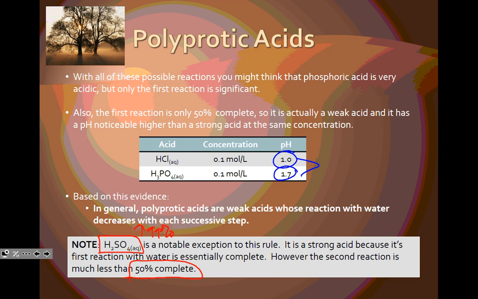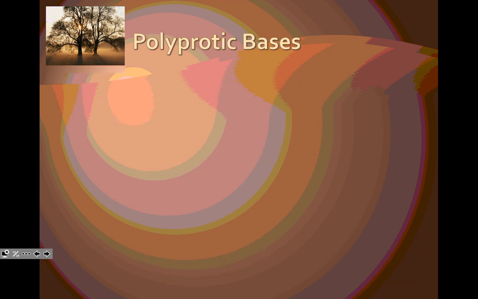So we basically look at the first reaction, which is about 99% effective, and then out of the 1-ish percent, 50% of those are going to react again. So that's why H2SO4 is the only polyprotic acid that is considered a strong acid.